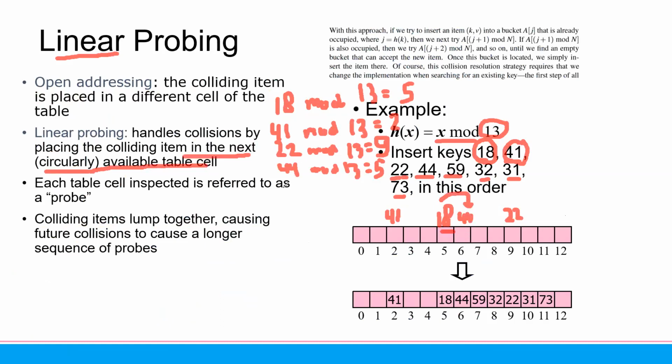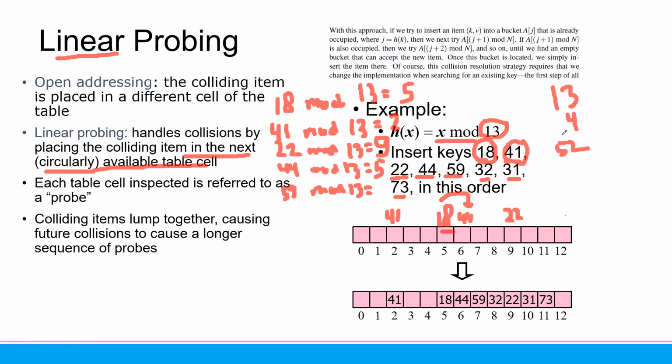Now let's see 59. What is 59 mod 13? 13 multiplied by 4 is 52.